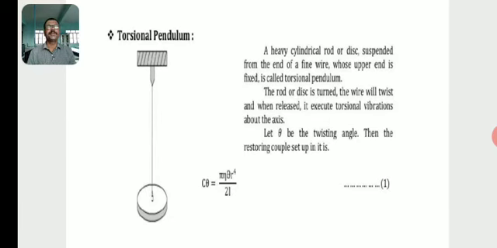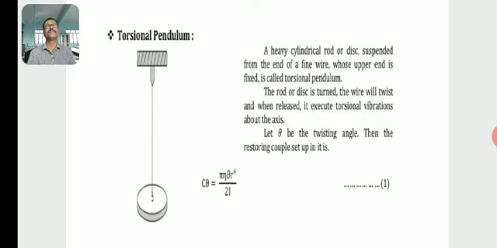What is the torsional pendulum? What about the period of the torsional pendulum? A heavy cylindrical rod or disc suspended from the end of a fine wire whose upper end is fixed is called a torsional pendulum. That means a fine wire, one of its ends is fixed to a rigid support.